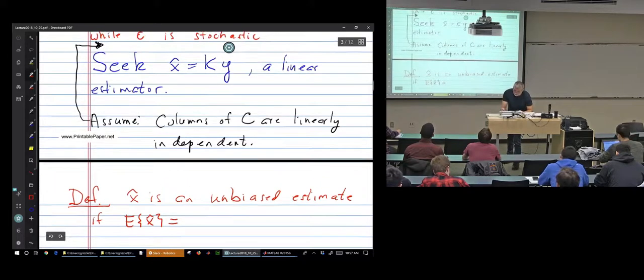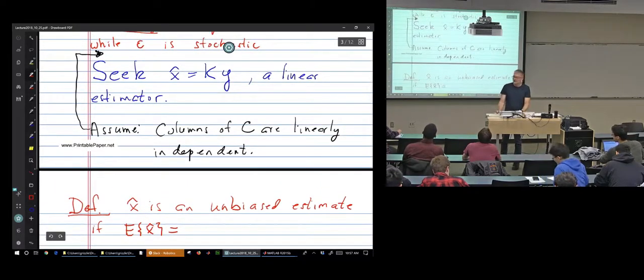What are we trying to estimate? We're trying to estimate x. You'd like the average value.